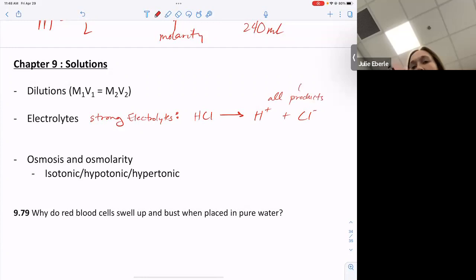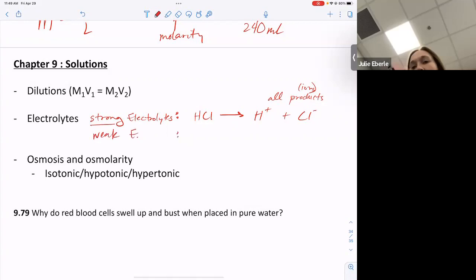Or in other words, all ions, because your product is ions. That's a strong electrolyte, something that completely ionizes, is what we would say. Completely ionizes.